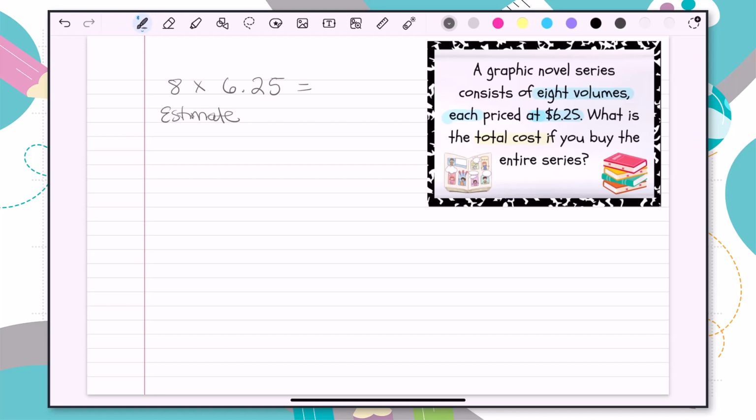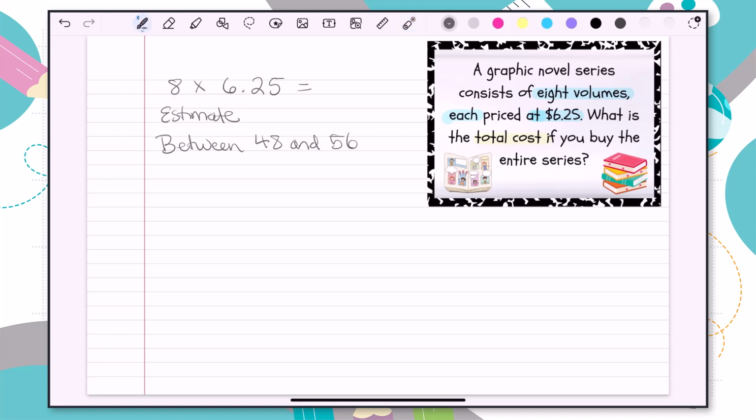Or fluent, I should say, quickly? 8 times 6 is 48, there you go. And 8 times 7 is 56. So our answer should be between $48 and $56 because I multiplied 8 times 6 and 8 times 7.